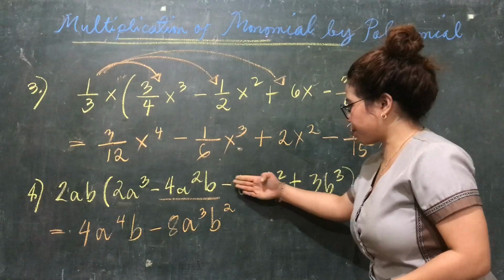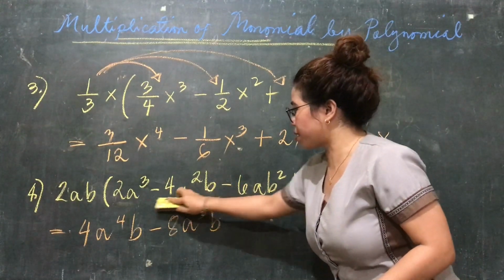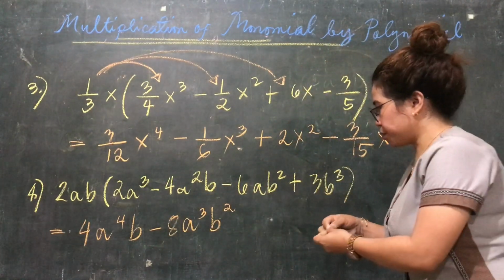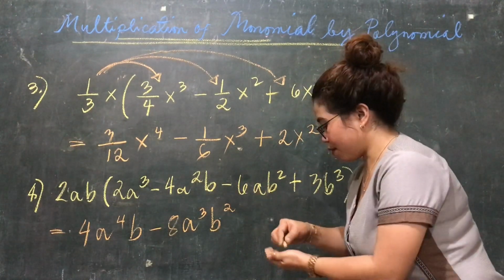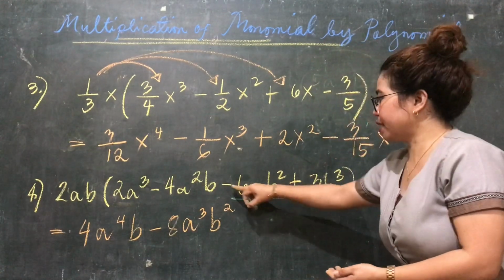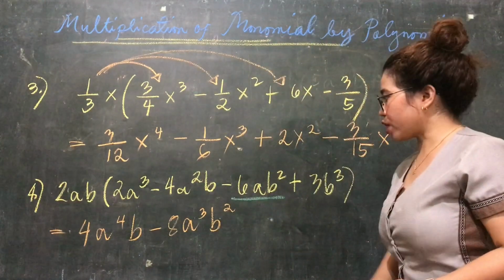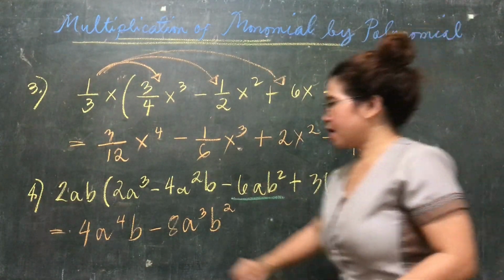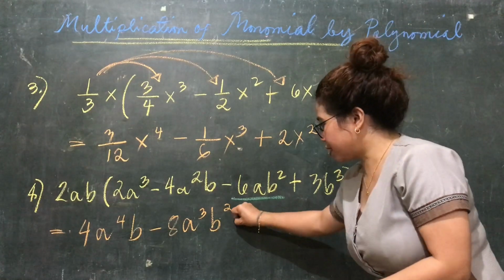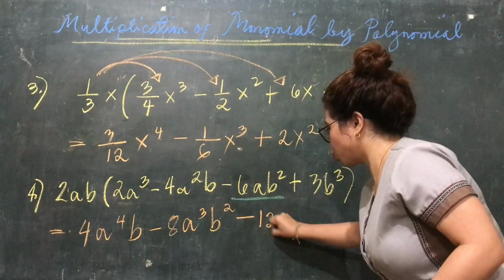Let's proceed to the third term. We multiply in the third term now, and I'll use green so we don't get confused. Include the negative. Positive 2 times negative 6: positive times negative, the answer is negative. 2 times 6, the answer is 12.